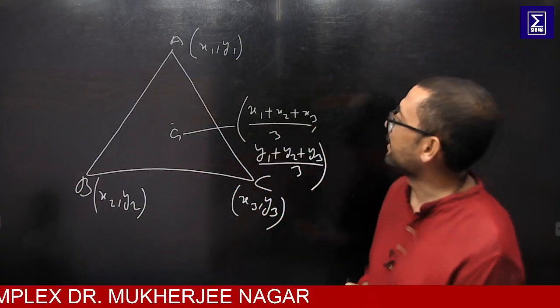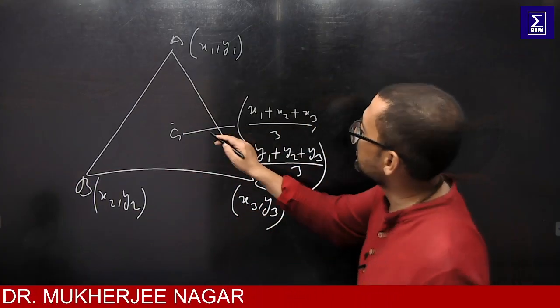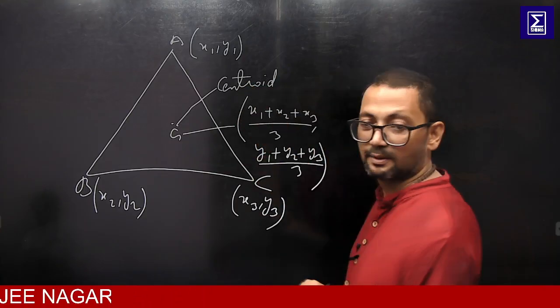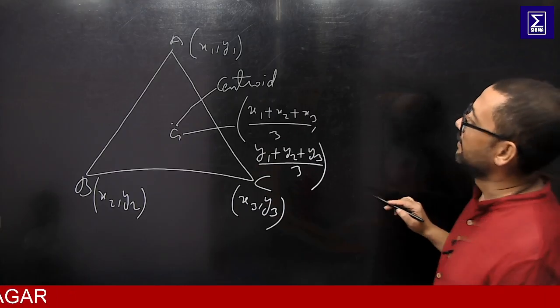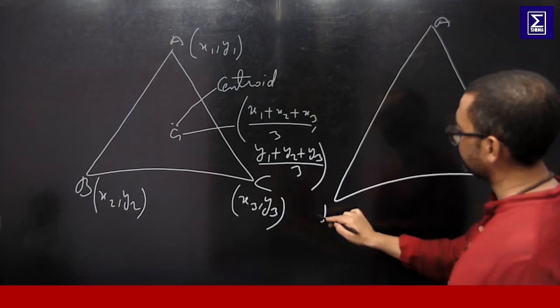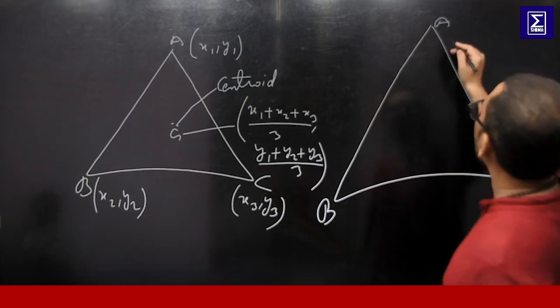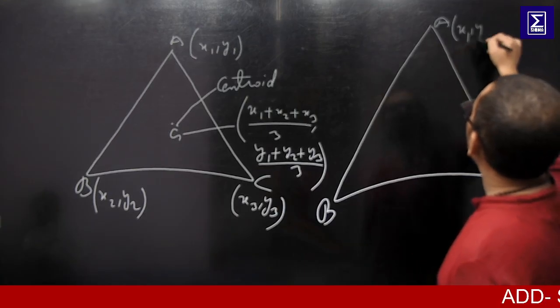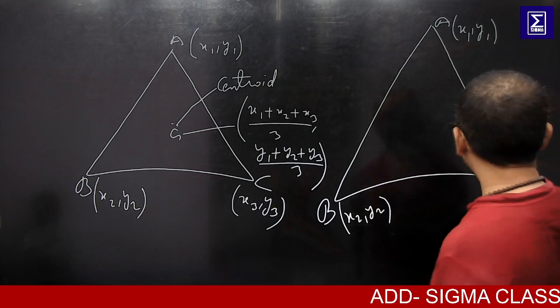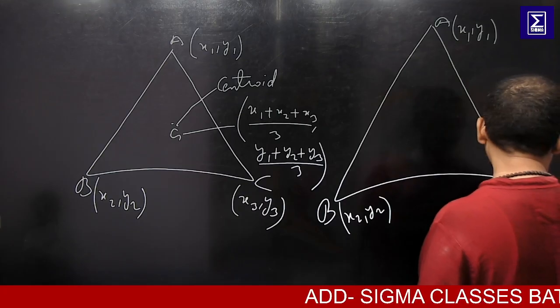In a similar way, I will write here centroid so it will not be confusing for you. Now if I am talking about the incenter, A is (x1, y1), B is (x2, y2), and C is (x3, y3).